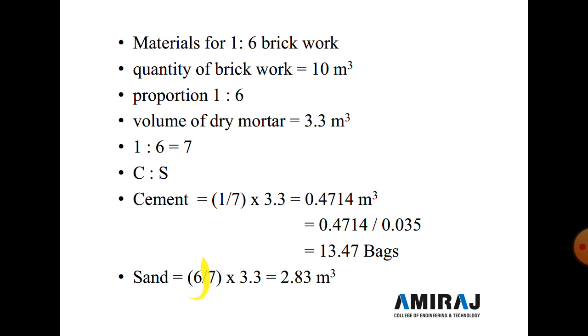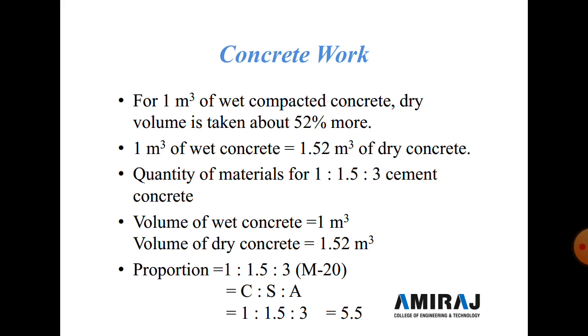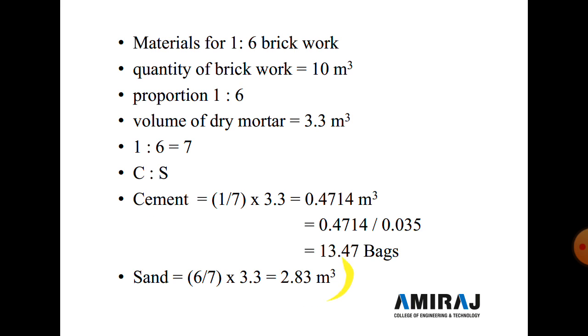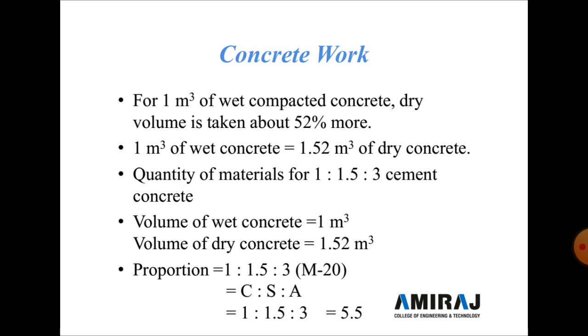So 6 divided by 7 multiply by 3.3. The total value is 2.83 meter cube. So 2.83 meter cube is the total sand volume. Here we calculated the total quantity of cement and sand for 10 meter cube brickwork.